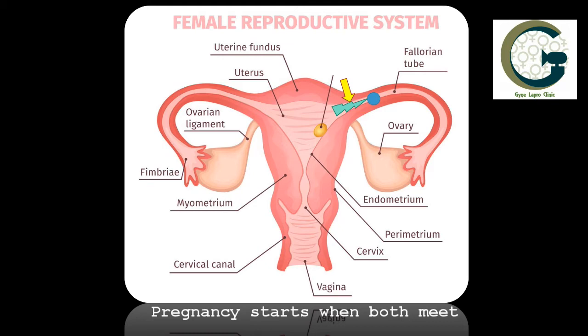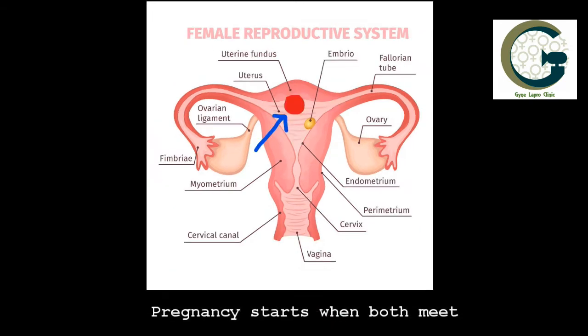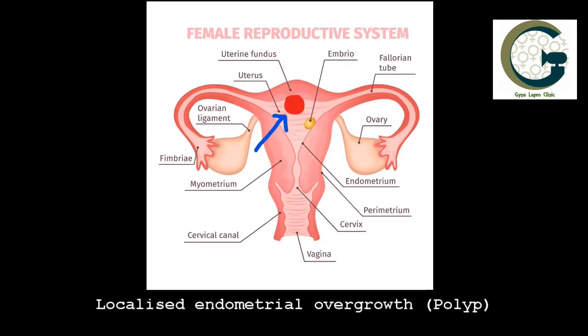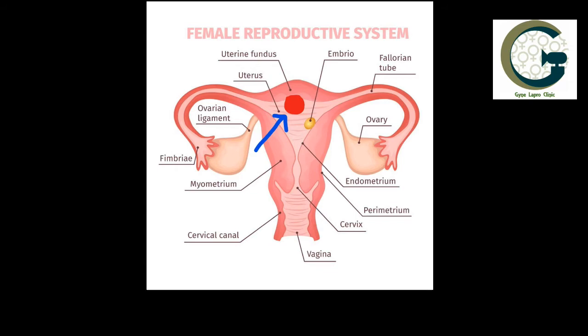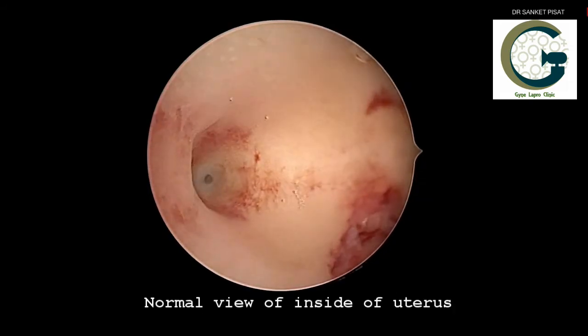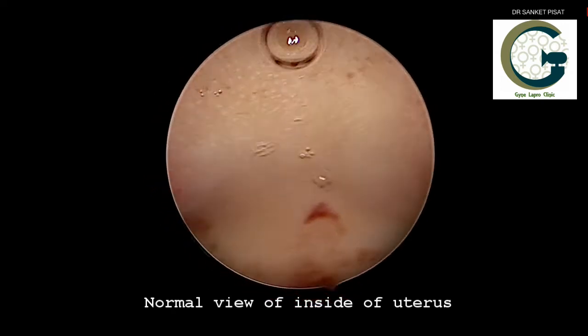Once these two have met, the pregnancy starts forming, and in due course of time, this pregnancy finds its way back into the uterus as shown by the golden symbol called the embryo. Sometimes a localized endometrial overgrowth, which is called a polyp, prevents this from happening and prevents the embryo from implanting or growing inside the uterus, causing infertility.